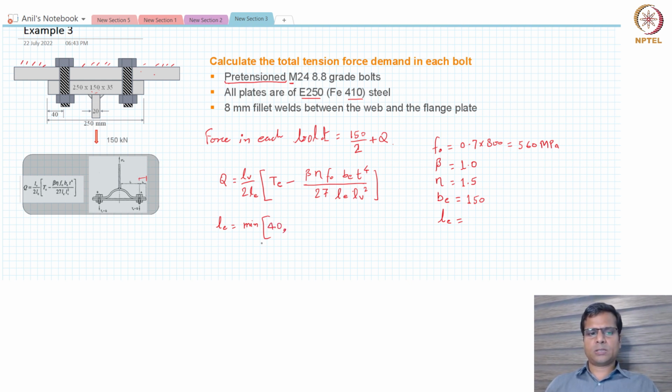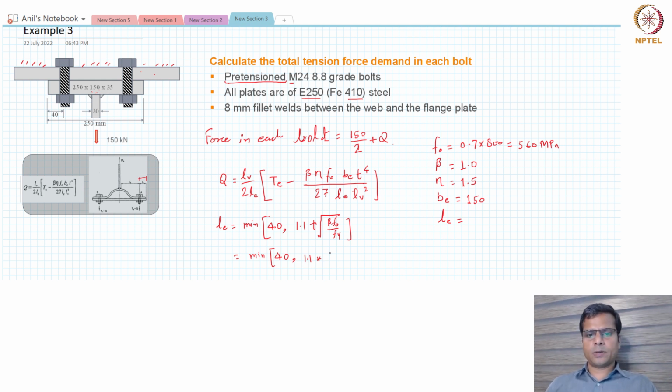And there is another small expression which was mentioned there in the previous slide, 1.1 times T multiplied by square root of beta F0 divided by Fy. So this Fy is Fy of the plate, by the way. So let's try to calculate it. (1.1) multiplied by thickness of the plate.